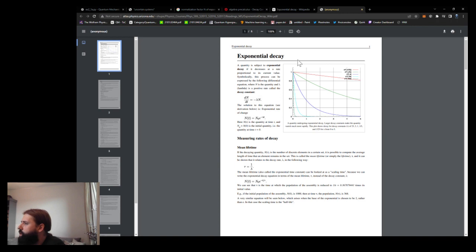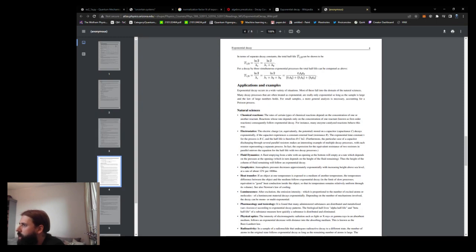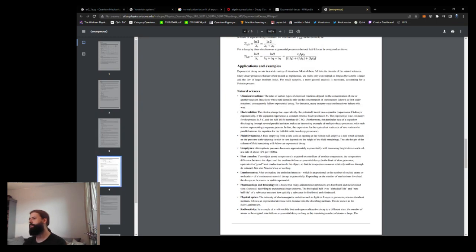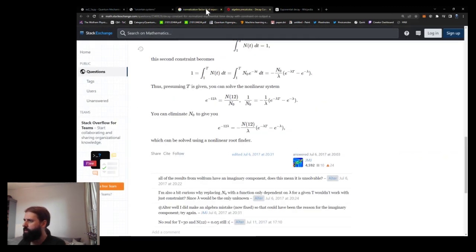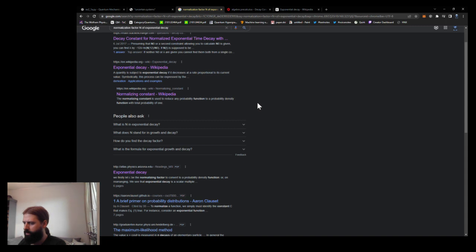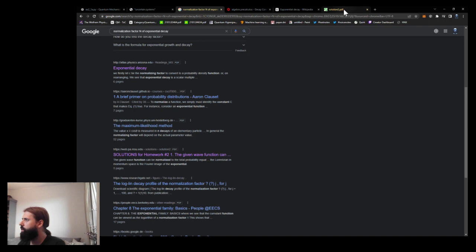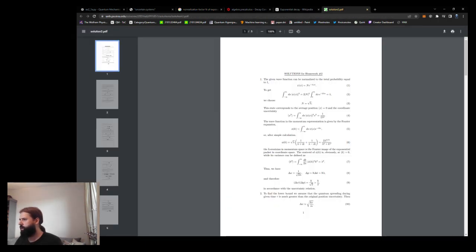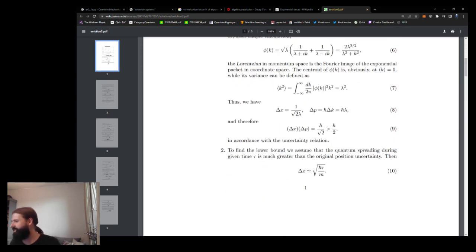Okay, that's not this. Exponential decay. Okay, that's this thing. Literally, that's the stuff that is in the Wikipedia, man. Okay, it actually seems like there is. I found maybe a more detailed explanation.